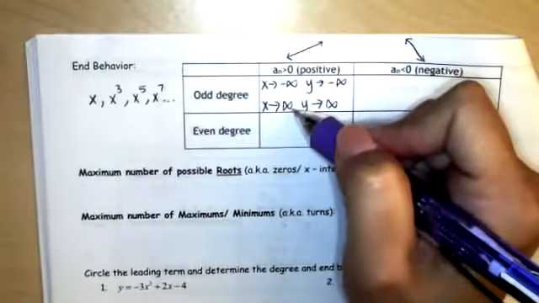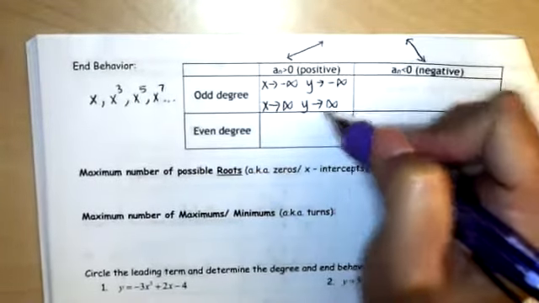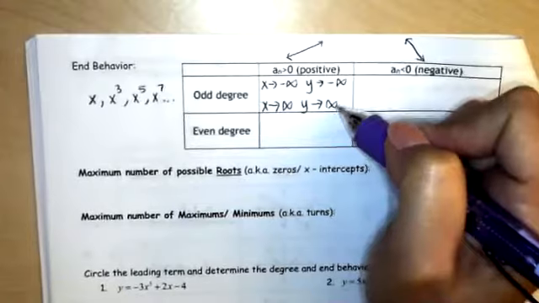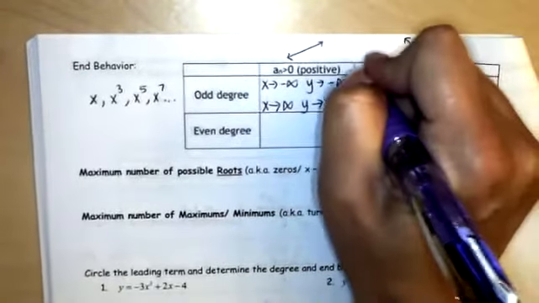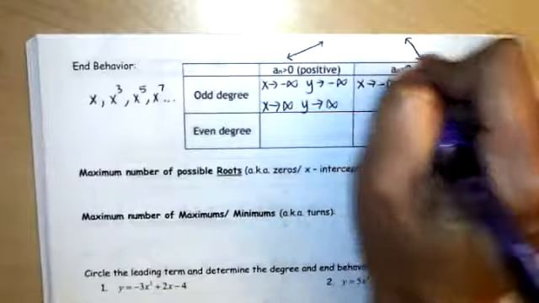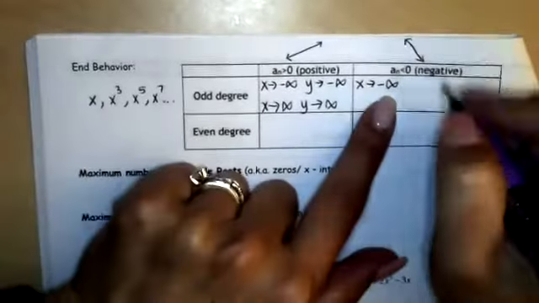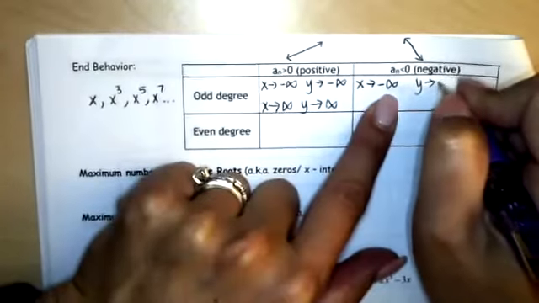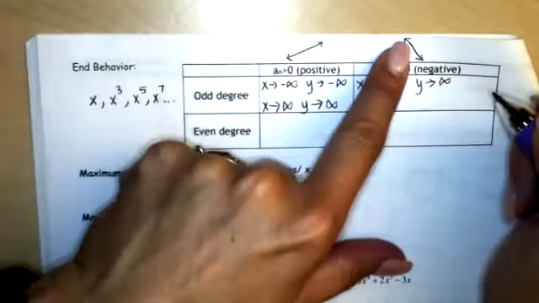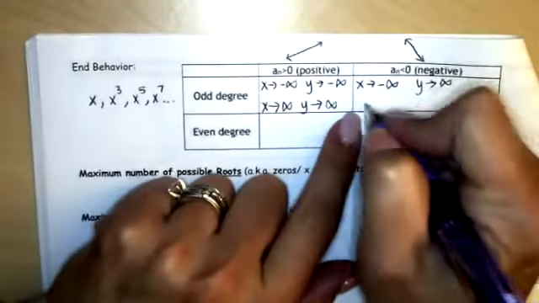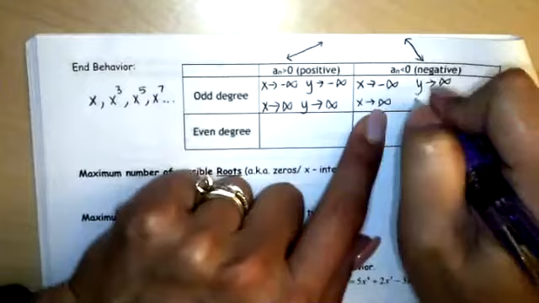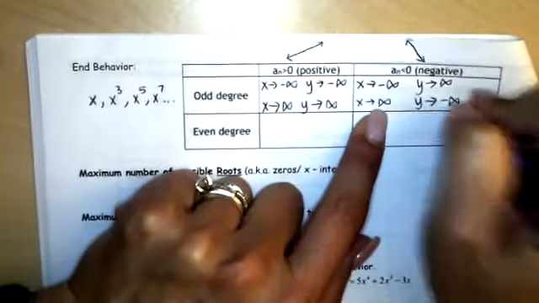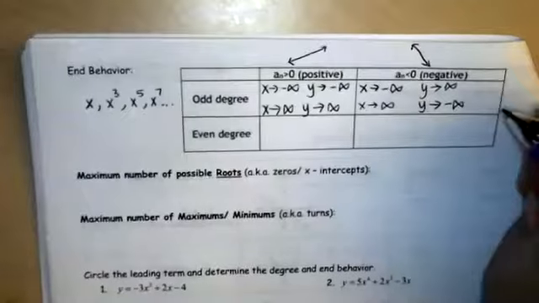So on the right, because that's where x gets bigger, y is also getting bigger, up on top. And then this one would be the opposite. As x approaches negative infinity, so on the left, y is approaching positive infinity because it is going up on that left side. And then as x approaches positive infinity, so on the right, y is approaching negative infinity, so down on the bottom here.